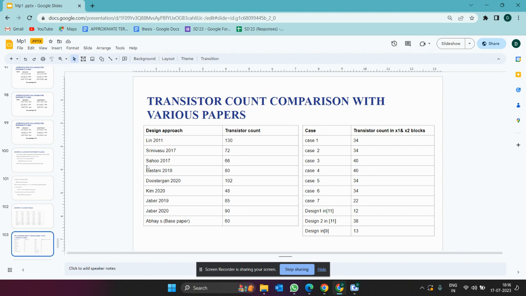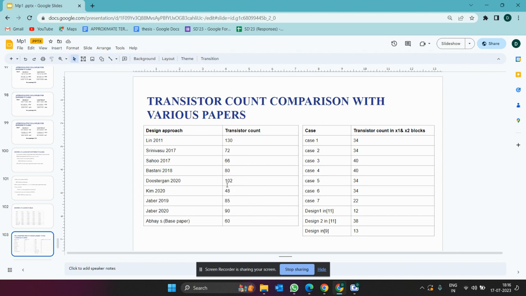and after introducing the error into the circuit, we have got the resultant transistor count. The transistor count has been reduced, with 34 the minimum and 40 the maximum.